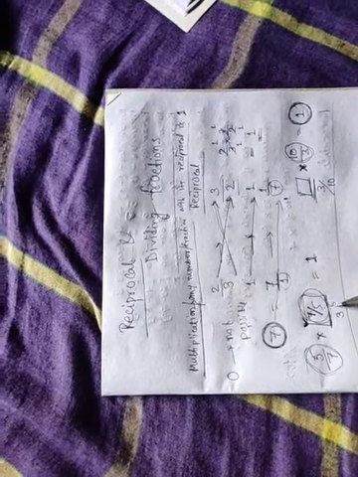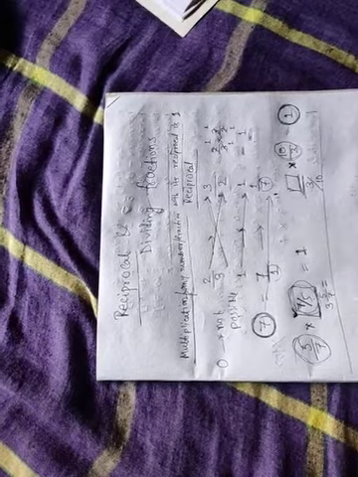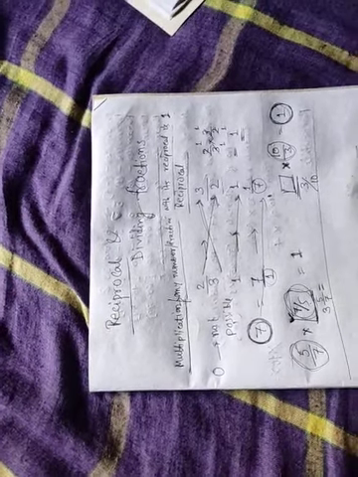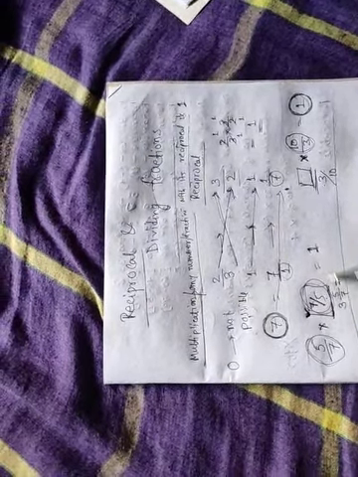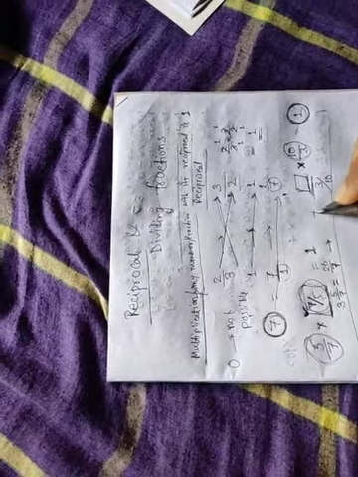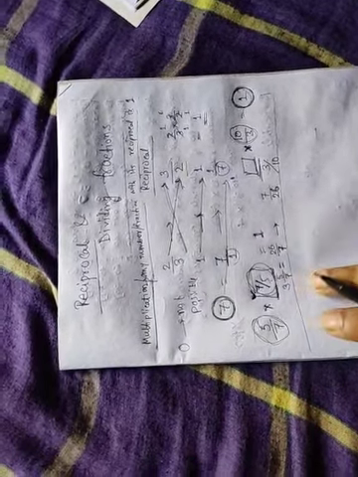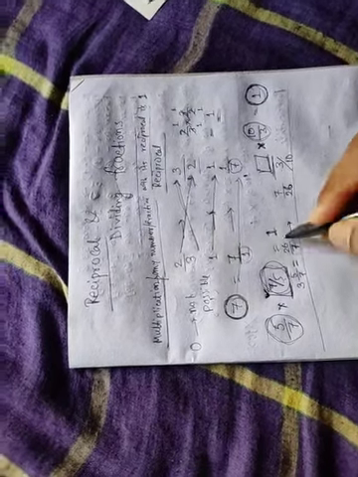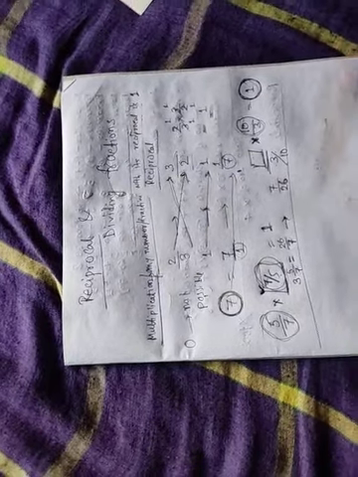For any mixed fraction, suppose 3 together with 5 upon 7, first you convert this into an improper fraction. So 7 threes are 21, plus 5 is 26 upon 7. Now convert it into the reciprocal, which is 7 upon 26. So clear? When you are given any mixed fraction, first convert it into an improper fraction, then find the reciprocal.